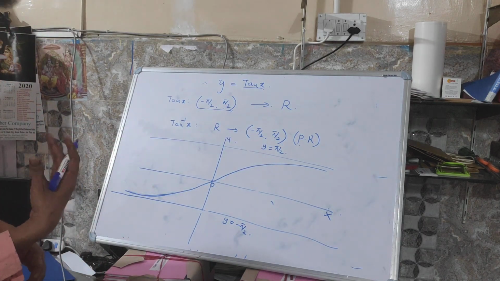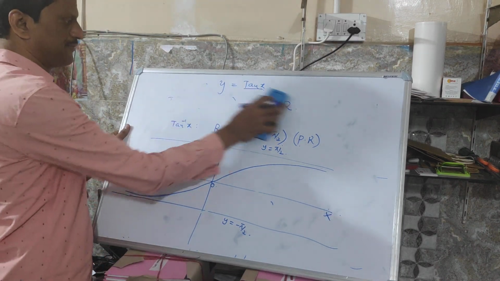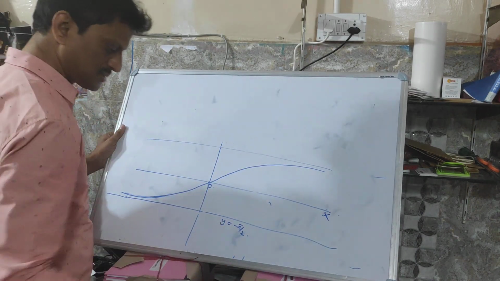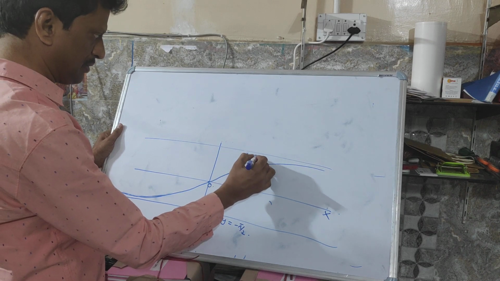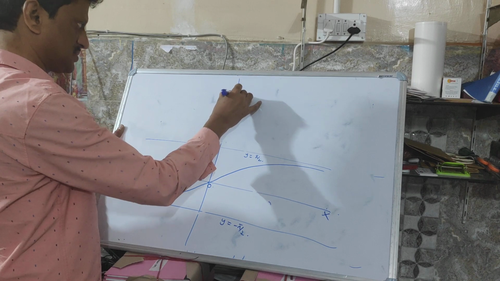If you want the graph of tan inverse x in other ranges, I am extending its graph. You will get the same increasing arcs. This you already know, y equal to pi by 2. Now I am extending the y-axis.